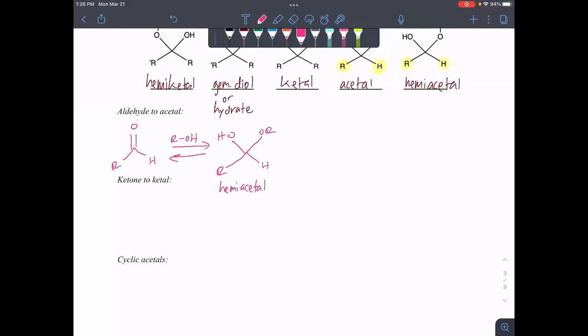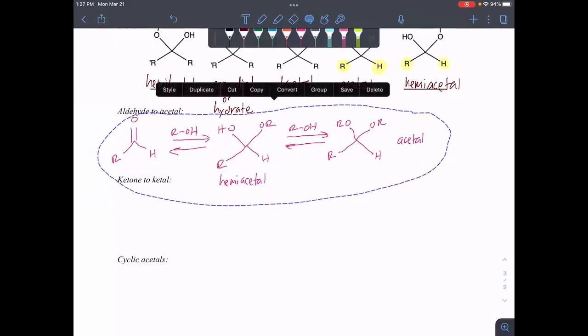And then you react it with alcohol one more time, and then you get a full acetal. So they react with the alcohol twice.